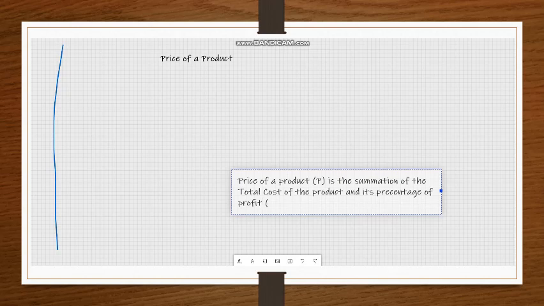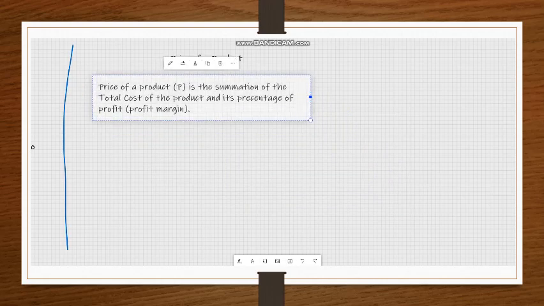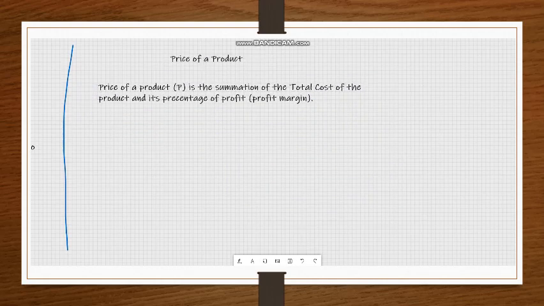Which is also called profit margin. So the price of a product is the materials, products or services cost, and the profit gives the price of the product. Verbally, price is equal to total cost plus profit.